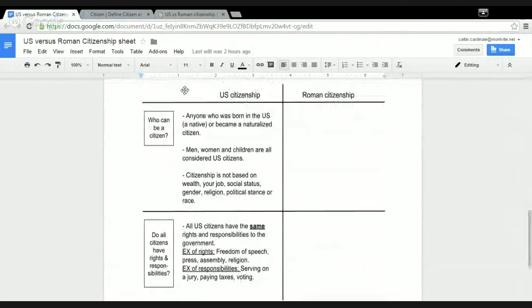We're comparing U.S. citizenship to Roman citizenship. What we're looking at specifically is who can be a citizen and whether all citizens have rights and responsibilities. You'll see the U.S. side is filled out for you with the information that we just reviewed together, so you don't need to add anything to that U.S. side. Instead, we're going to be focusing on the Roman side of things.